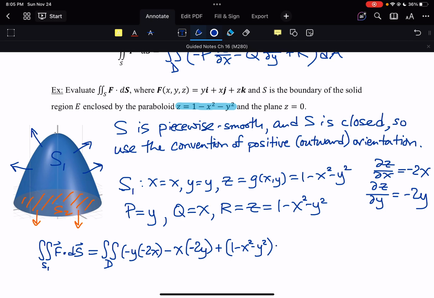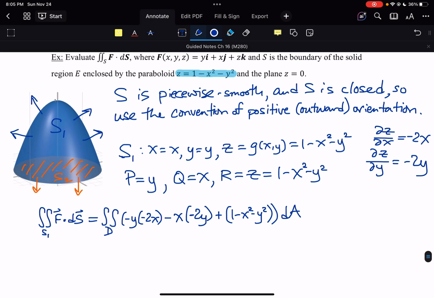That's dA. So we end up with 2xy and 2xy, so we get 4xy plus 1 minus x squared minus y squared dA.